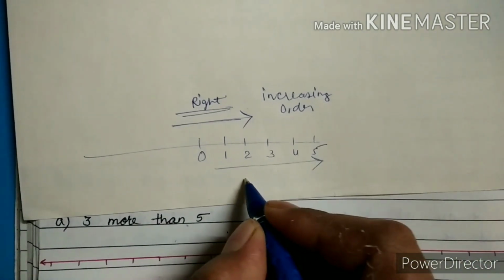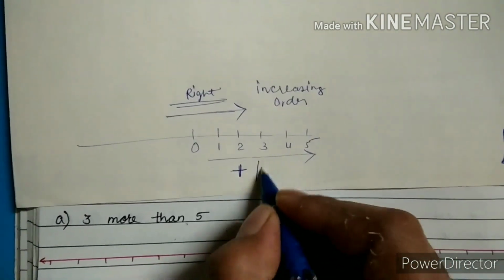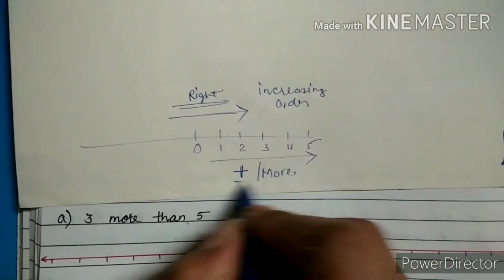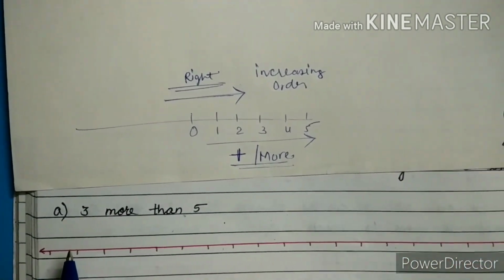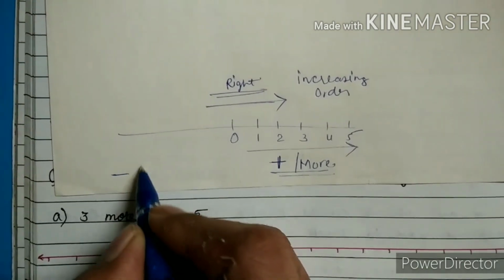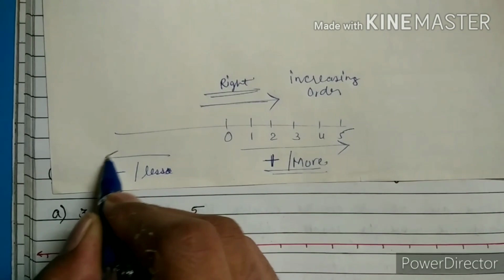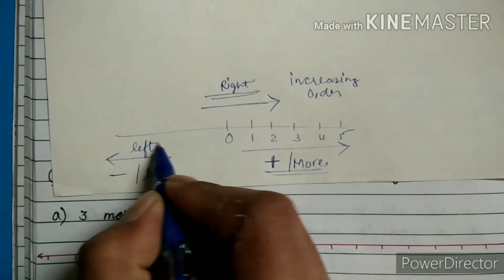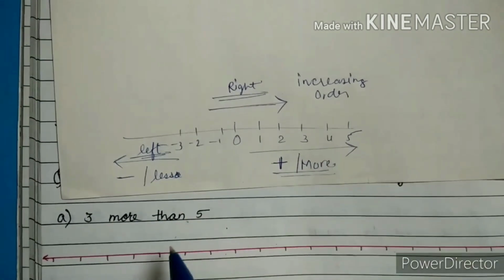So whenever we see plus or more in the question, that means we have to go on the right side. And it's opposite: whenever we see subtraction or less, at that time we have to go on the left side, because on the left side we have numbers in decreasing order.